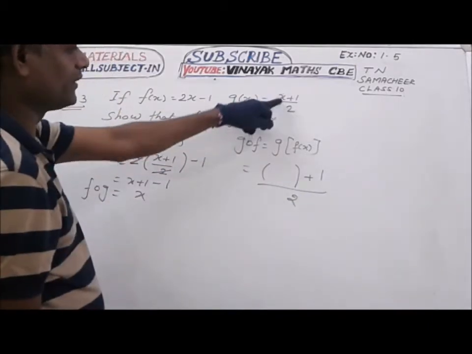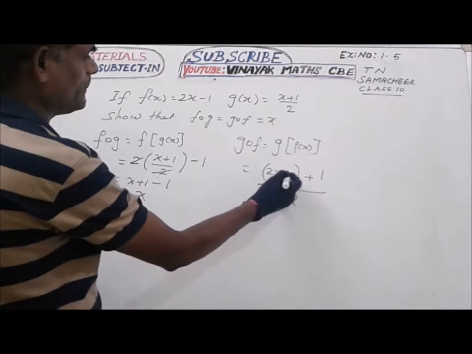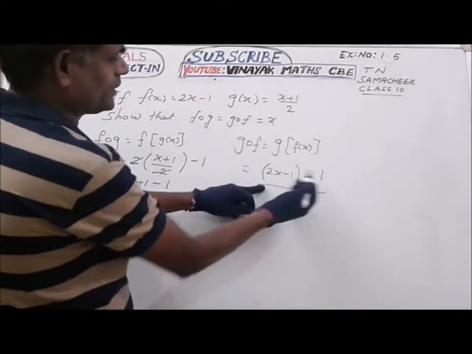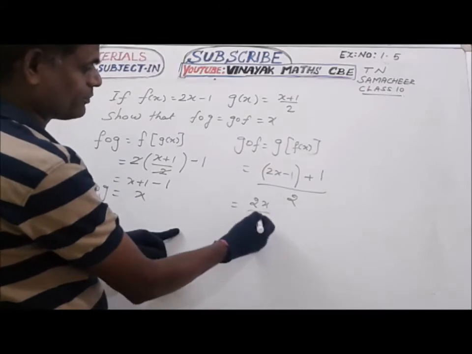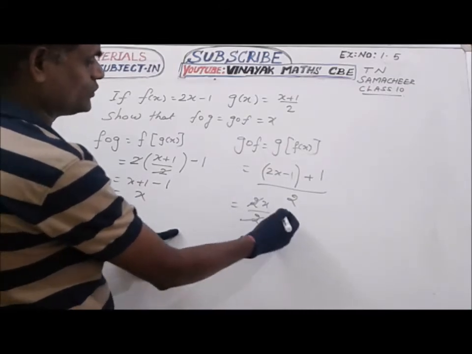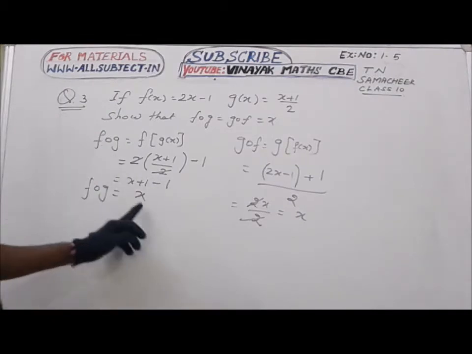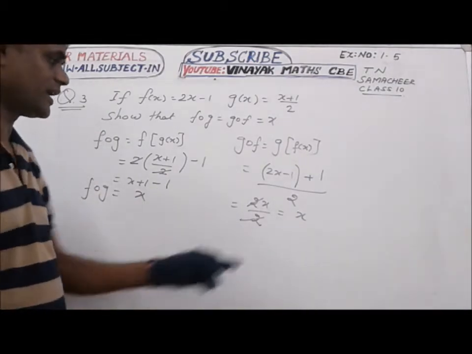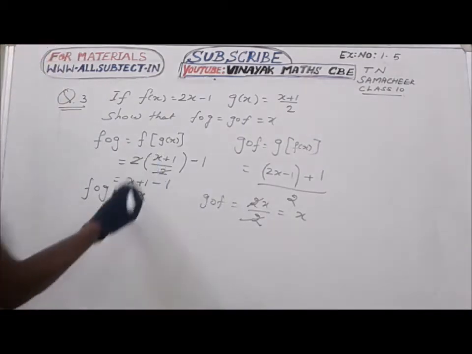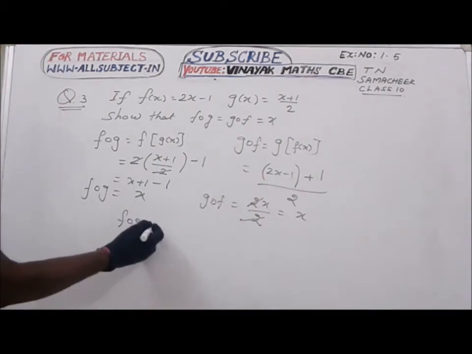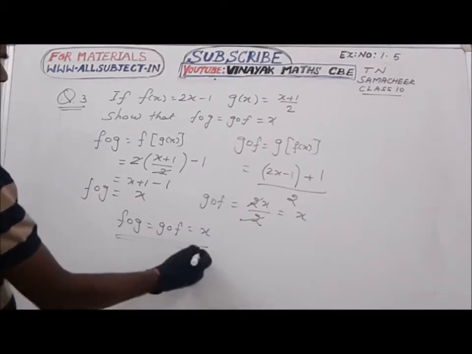In this place of x substitute f of x, which is 2x minus 1. Now simplifying the numerator, minus 1 plus 1 get cancelled. Remaining is 2x by 2. Again cancelling 2, we have x. So we have proved f composition g as x and g composition f is also x. Now we have shown that f composition g is equal to g composition f equal to x.